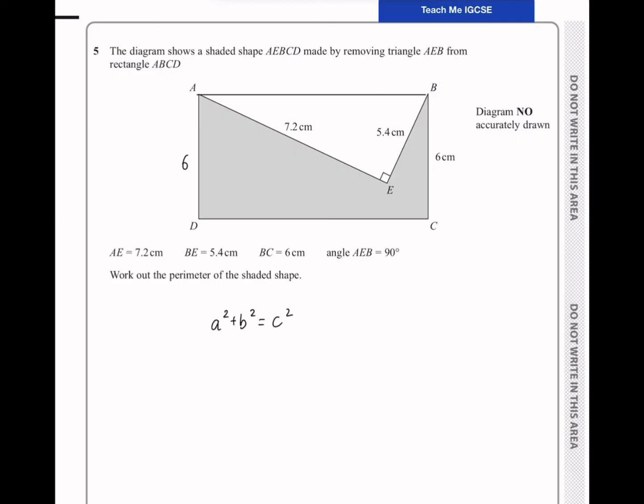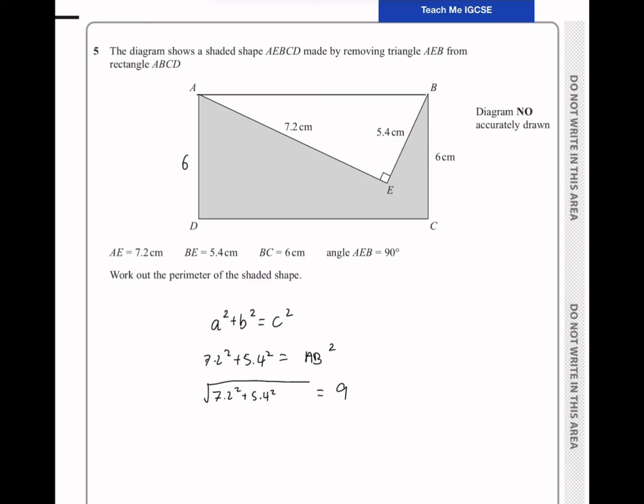So in this case, we'll have 7.2 squared, which is one side of the triangle, plus the other side of the triangle, 5.4 squared, and it's equal to this AB squared. And to find the length AB, we'll just put it like this and plug it into your calculator. This will give us exactly 9. So we have the length of AB, and since this is a rectangle, DC will also be 9.